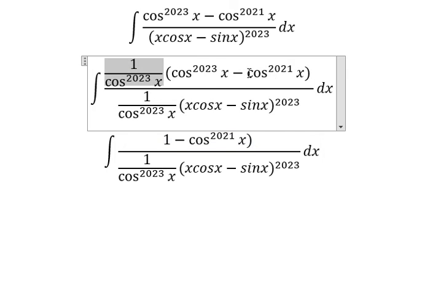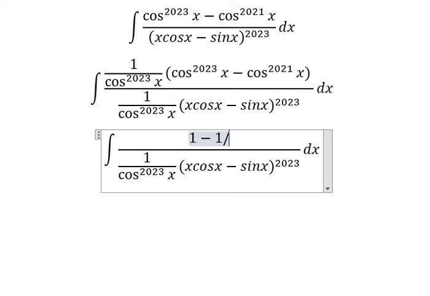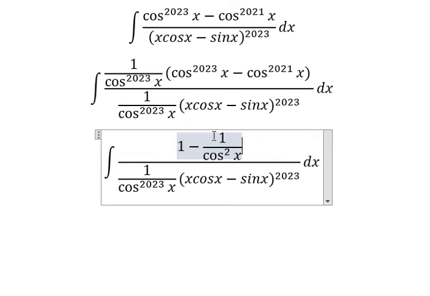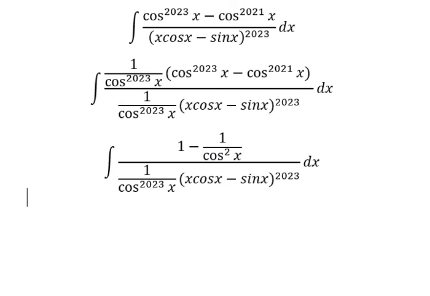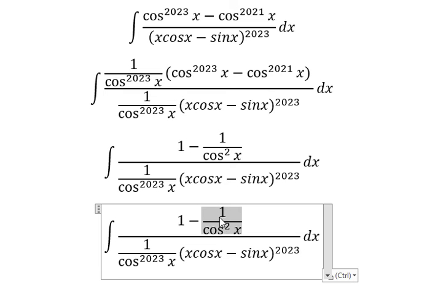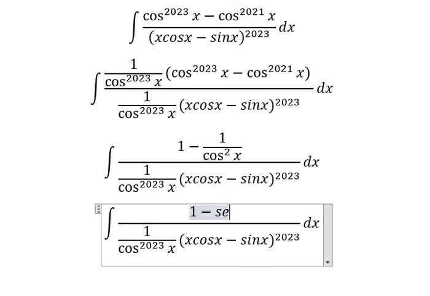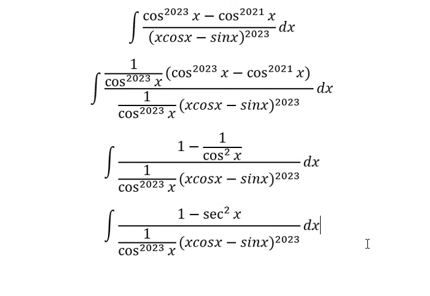So this one with this one, we will simplify and we have 1 over cosine x to the power of 2. And we know that this one is secant of x squared.